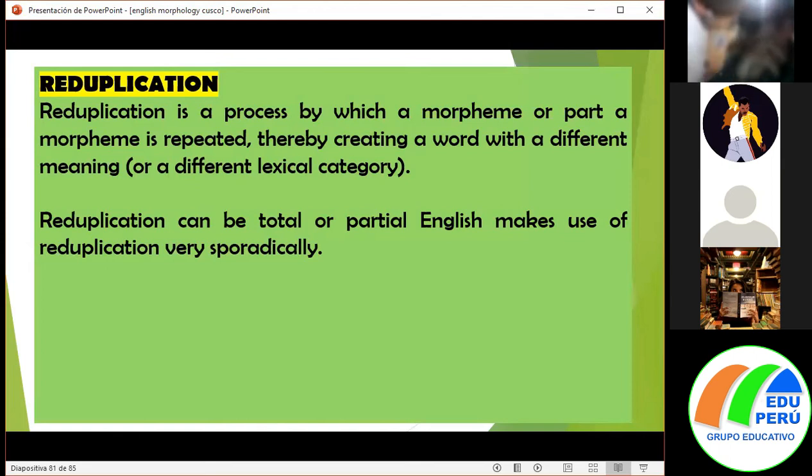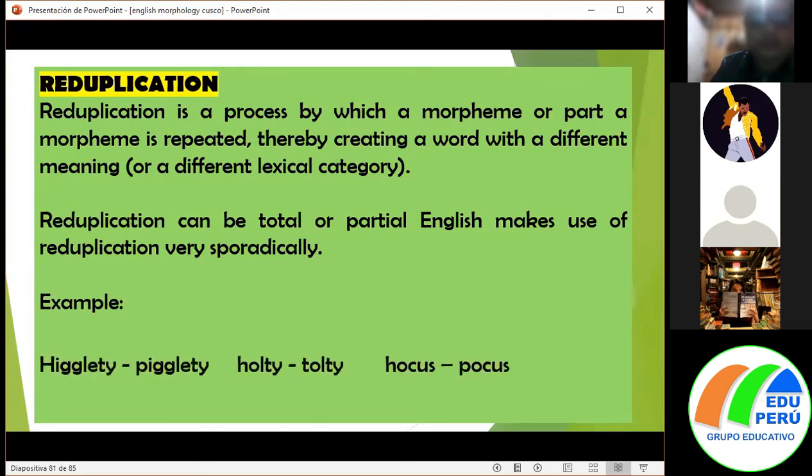So it's not used often. But you can see some examples. Higgledy-piggledy, to emphasize something about a pig. Helter-skelter is used just as an interjection. Hocus-pocus is also used here, and you're using reduplication. Yes, here it says it's used very sporadically.